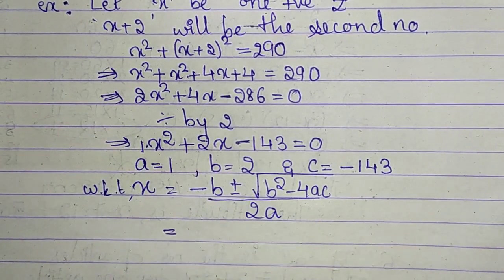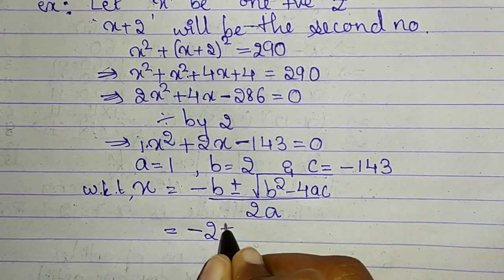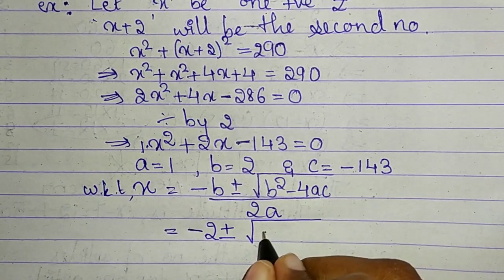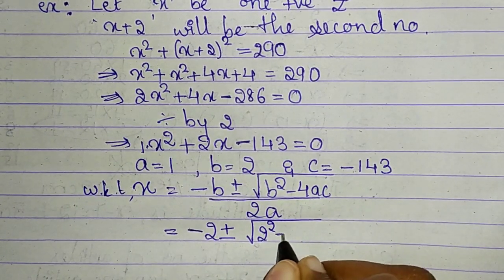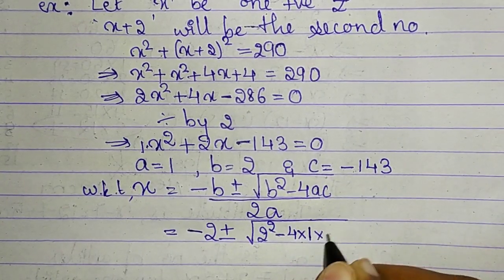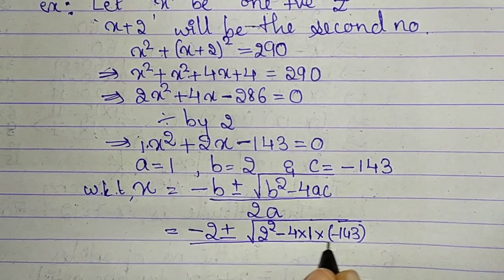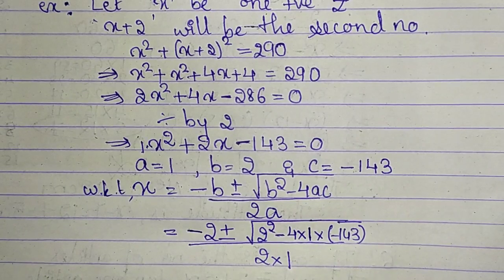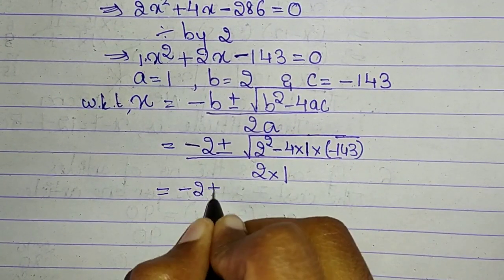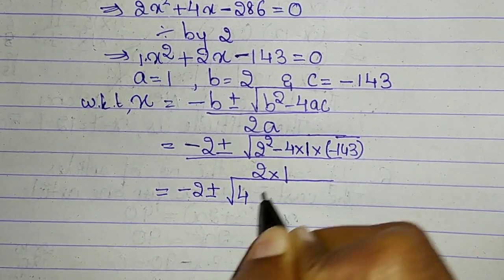So this is equal to minus the value of b, which is 2, plus or minus the square root of b², that is 2², minus 4 into a, which is 1, into c, which is minus 143, whole divided by 2 into 1.